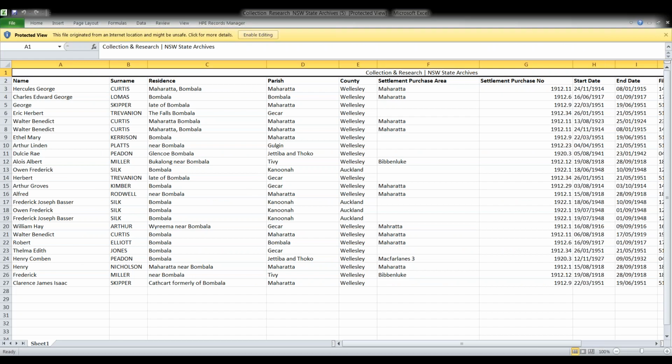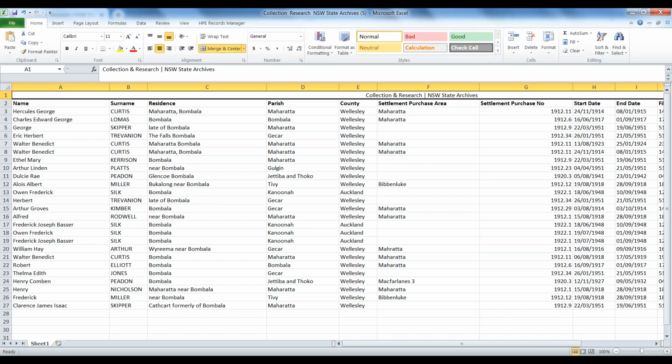Here we go. Of the fact that there was soldier settlement and closer settlement happening in the area that you're interested in, the people that were involved, where they were living, which may not always necessarily be in the town, the parish and the county, and the settlement purchase area.